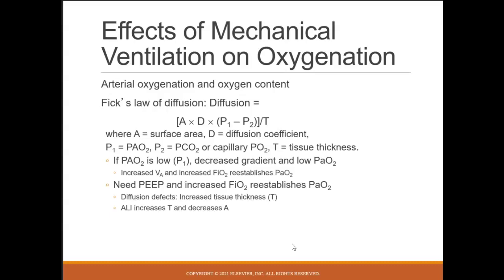So your book also talks about diffusion, right? Only so much of that, how much gets into the alveoli versus how much gets into the arteries or capillaries, is going to be dependent on diffusion of the gases.